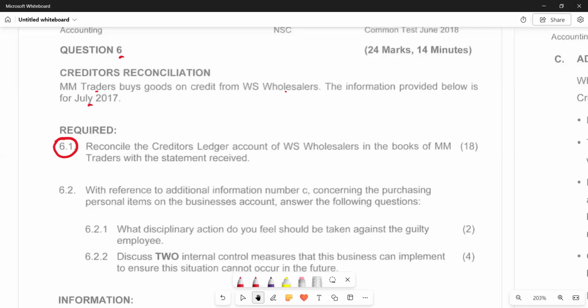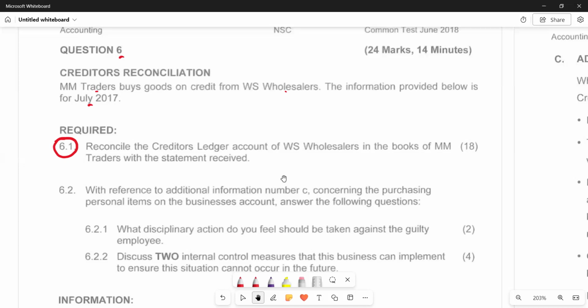So at the end of the day, what you are going to see on the credit side of the creditors ledger in our books should be the same: if we debit the creditors ledger, the supplier will be crediting the statement of account. And then the opposite is true. If we credit in our creditors ledger, the statement of account will be debited. So basically, that's the scenario that we have.